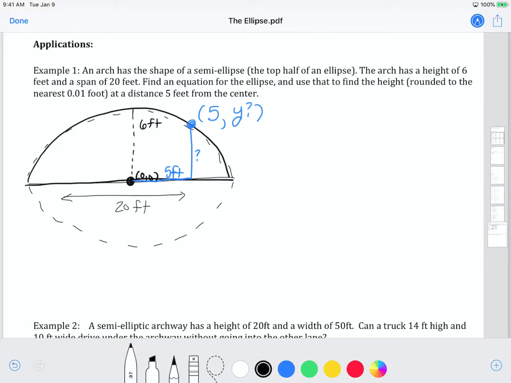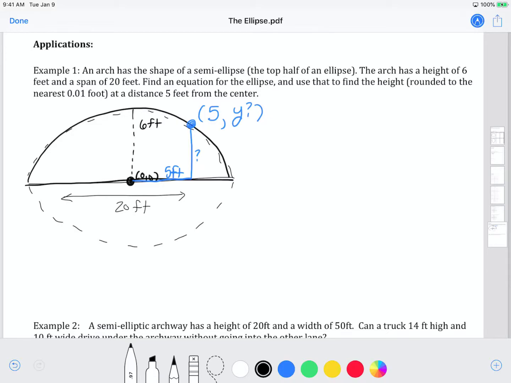Well, as in the previous video, in order to find the equation of an ellipse, first we have to determine which way the major axis is running. Is it running horizontally or vertically? If we look at this, it is definitely running horizontally because horizontally it has a length of 20 and vertically it would have an axis that's 12 because 6 on the top half and then 6 on the bottom half.